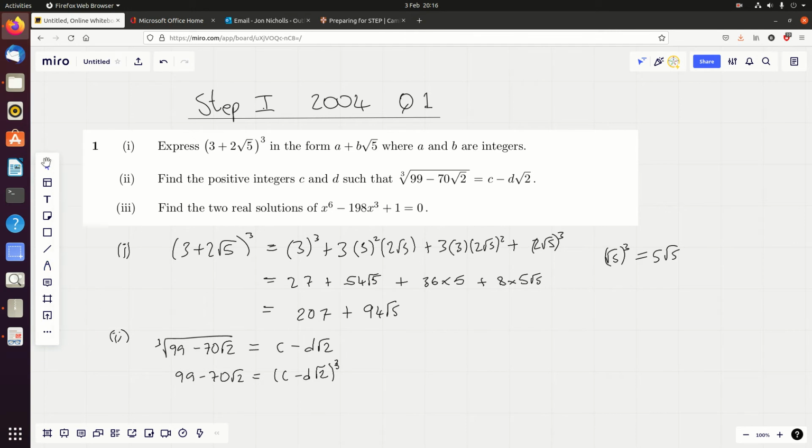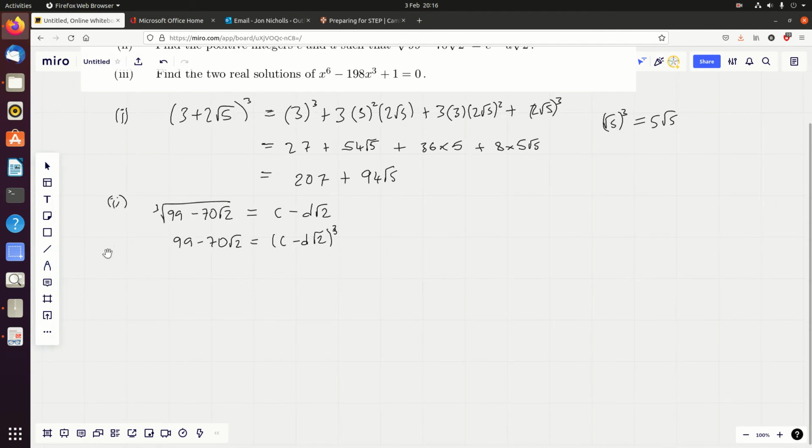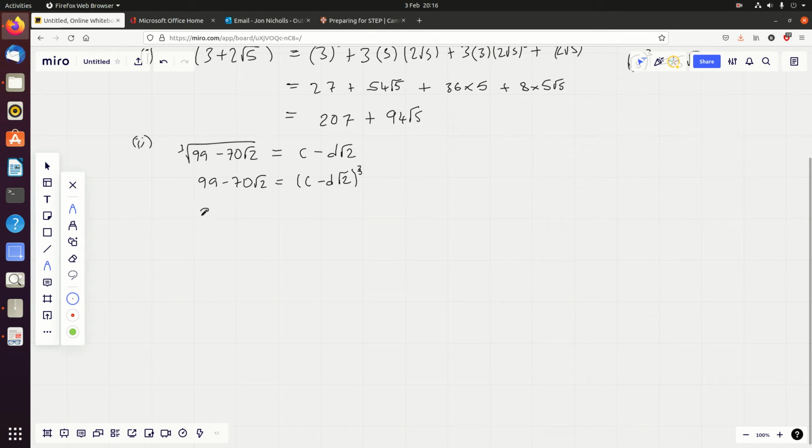So I just continue on my merry way and cube out the right hand side, but I'm going to keep writing down the left hand side of the equation to remind me what's going on, because in the back of my head I'm thinking this is probably going to be an equating coefficients problem, but we'll see. I've got c cubed plus 3 times c squared times negative d root 2 plus 3c times negative d root 2 squared plus negative d root 2 cubed.